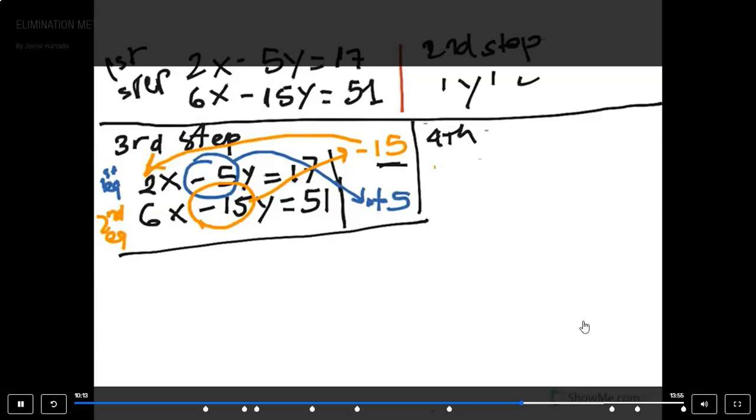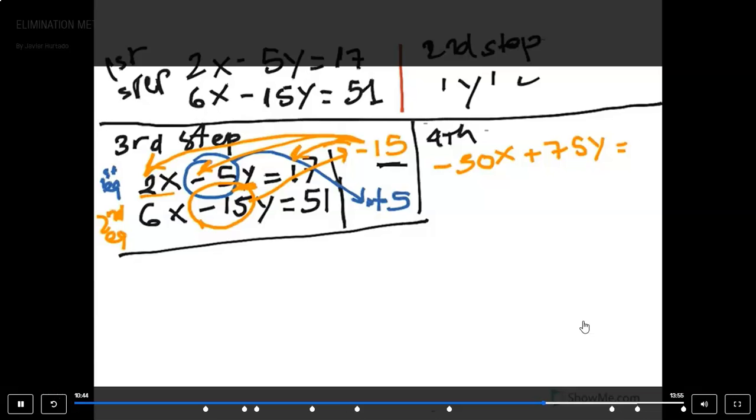Negative by positive gives me negative, and 15 times 2 is equal to 30, and I have to write the x attached to the 2. Then I have negative by negative is going to give me positive, okay? And 15 times 5 equals 75y, because I have the y attached to the 5. And this is equal to negative 15 by 17.